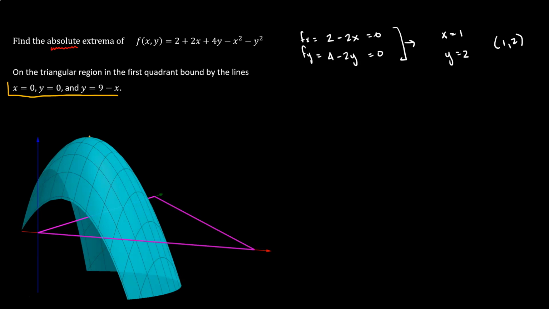So we found a critical point which most probably corresponds to the top of this upside down paraboloid. So this is most likely the point that we found at (1, 2), and then the z value would be f at (1, 2). But now we need to check all of the function values along this edge of the boundary.